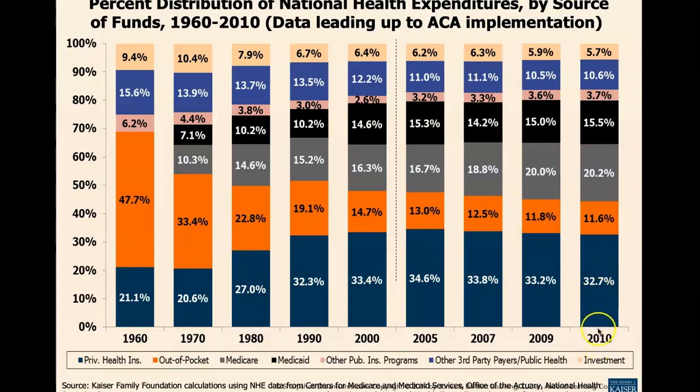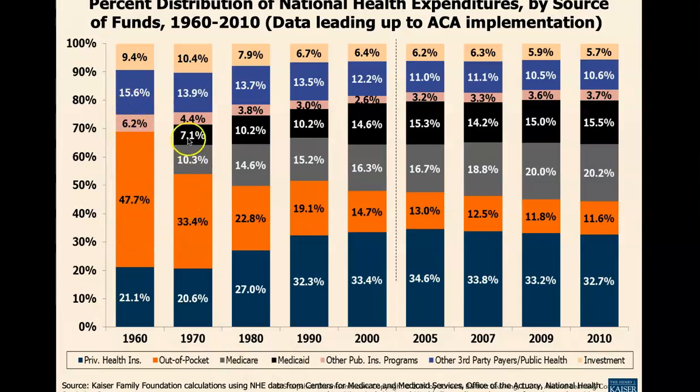By the way, this is 2010 and leading up to the implementation of the Affordable Care Act, otherwise known as Obamacare. But before 1970, basically pre-1965, there was no Medicare or Medicaid, so there's none here.